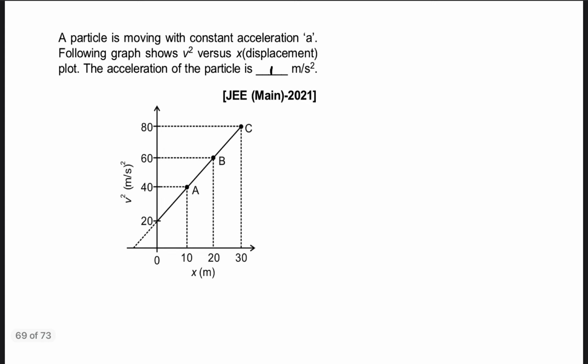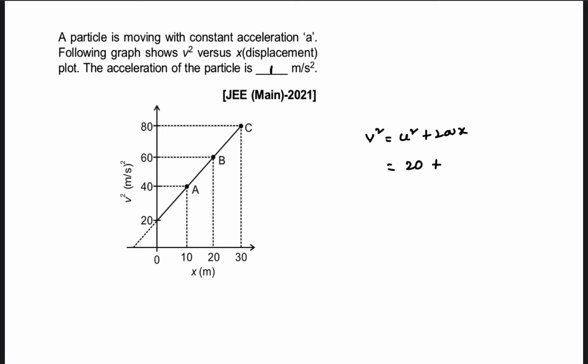Next one: a particle is moving with constant acceleration a, and a v square versus x graph is given. First you see what the v square and x graph is. V square is equal to u square plus 2a into x. Now the u square value we can write as 20, plus 2 into a into x. Here 2a is the slope.